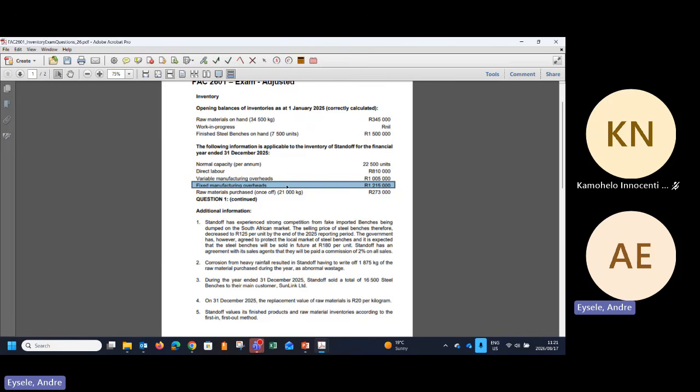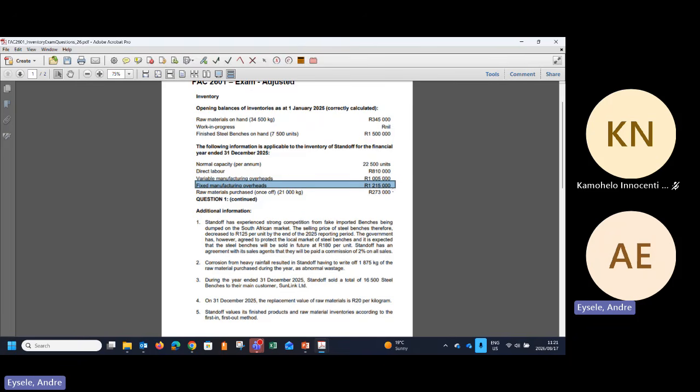Under normal circumstances, the fixed manufacturing overheads for the year are calculated at 1,215,000 (1215 thousand). What we can manufacture and what the allocation rate is: you take 1,215,000 divided by 22,500, so 54 rand is your allocation rate.